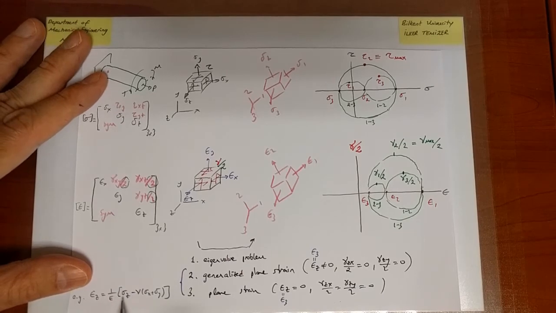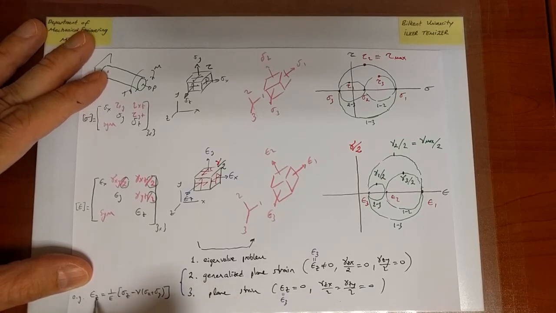If we have a state of plane stress, sigma z is equal to 0, but as long as I have sigma x and sigma y, then epsilon z will not equal 0. So plane stress does not imply plane strain. There will be a certain value of the strain, and that's something I have to keep in mind.